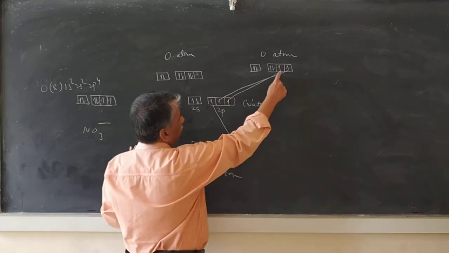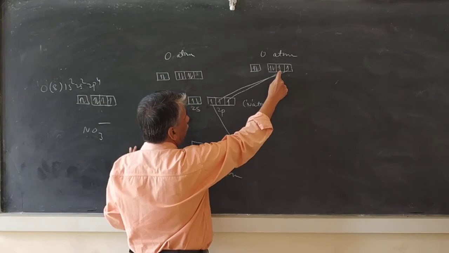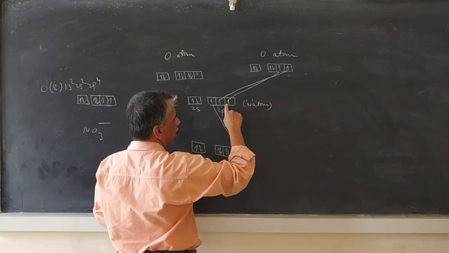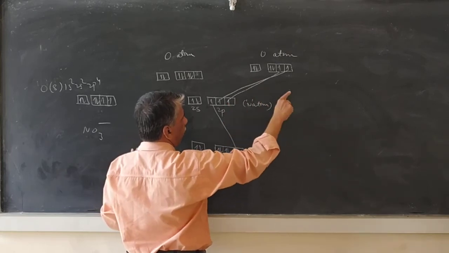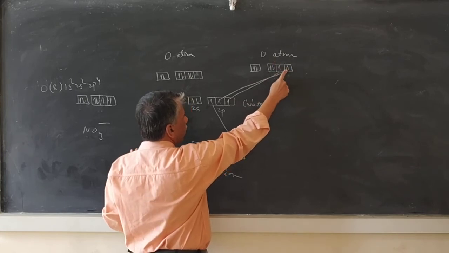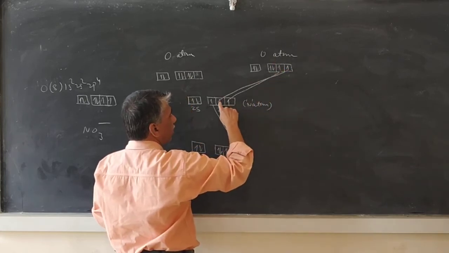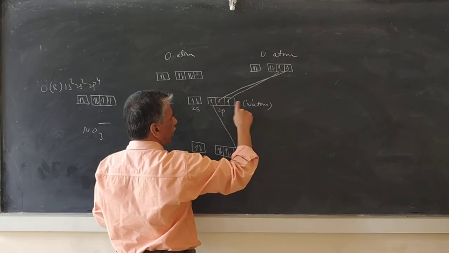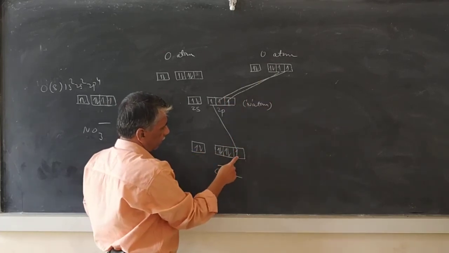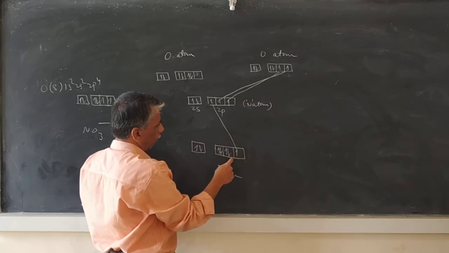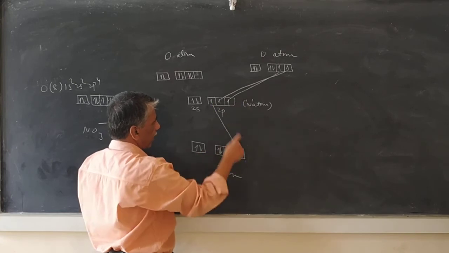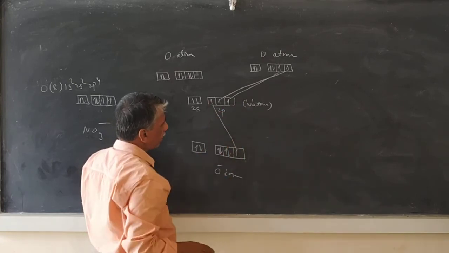Okay? This unpaired electron of the oxygen atom combines with the unpaired electron of the nitrogen atom and forms one bond. Next, this unpaired electron of the oxygen atom combines with another unpaired electron of nitrogen and forms this bond. Similarly, this unpaired electron of the O minus ion combines with this unpaired electron of the nitrogen atom and forms another bond.